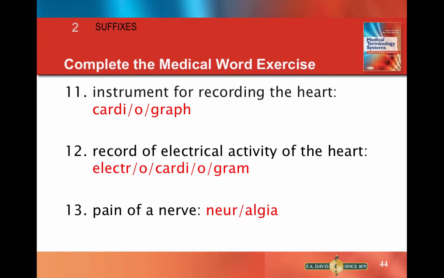Instrument for recording the heart would be cardiograph. Recording of electrical activity of the heart is an electrocardiogram because it's the actual physical record of doing it. If it was the physical activity of recording it, it would be different. Pain of the nerve would be neuralgia.